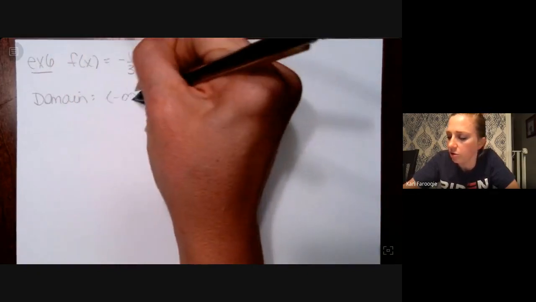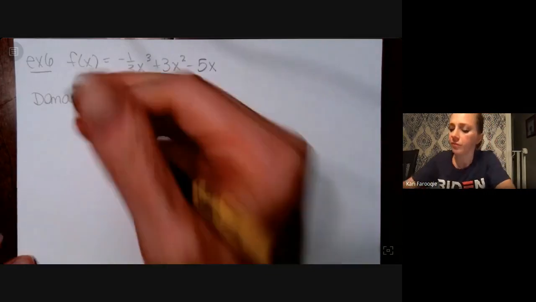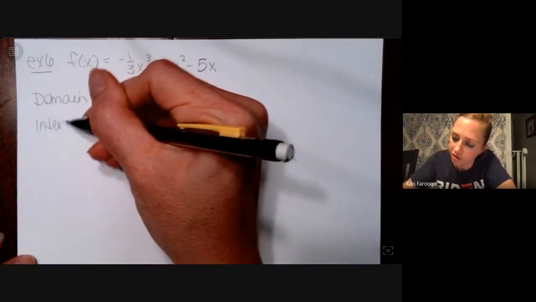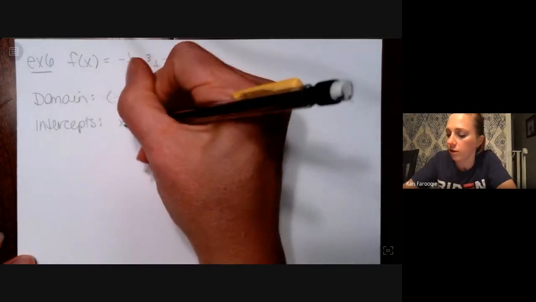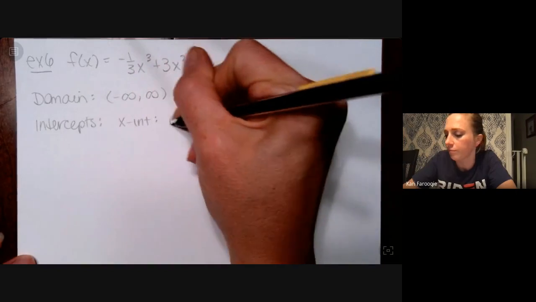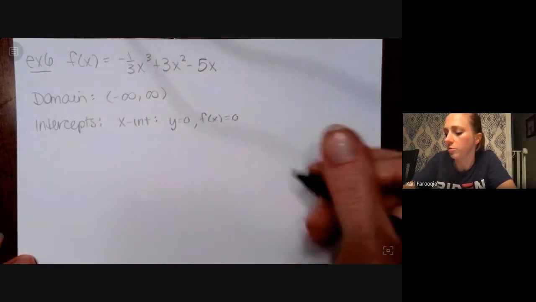Domain, it's a polynomial. Its domain is all real numbers. Let's look at the intercepts. To find the x-intercept, we'll let y equals 0, or f of x equals 0. Those are synonymous.